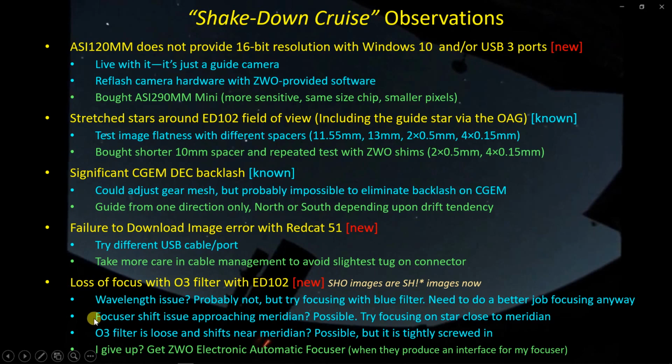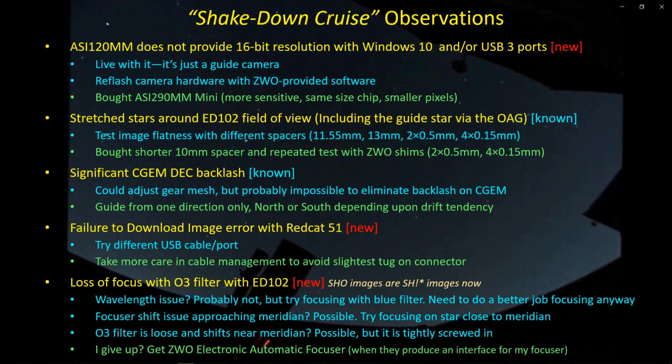Another thing that is, I'm sure, probably a player here is that the focuser is shifting more and more as the telescope approaches the meridian. More and more weight of the camera is now applied axially along the focuser, which I'm sure is having an effect. It's not enough to disturb the focus of all of the filters.